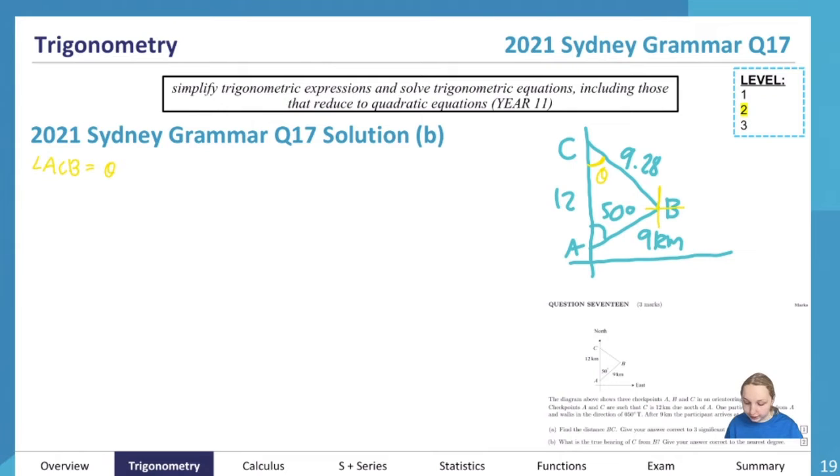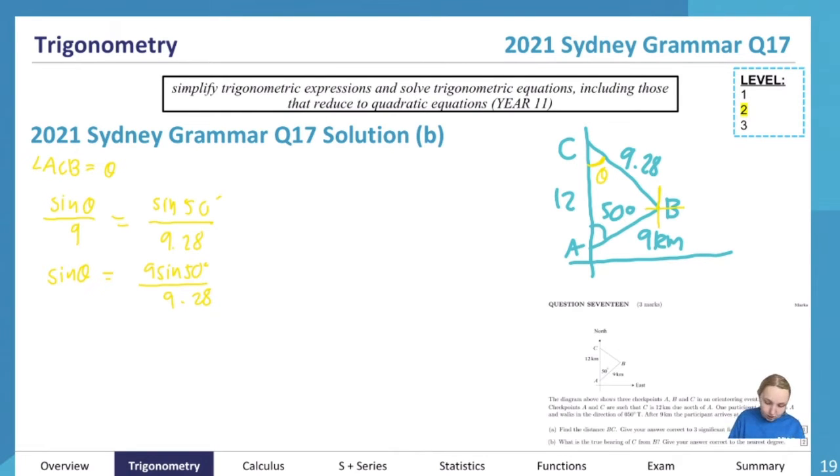In order to find that, we can use our sine rule. So we're going to have sine theta on 9 is equal to the sine of 50 degrees over 9.28, which we found. From there, sine theta is equal to 9 sine 50 degrees over 9.28.